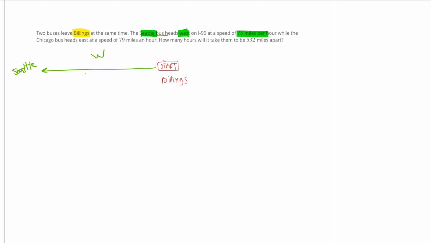and the rate is 73. Since I have miles per hour, that gives me my rate. Now, for my next equation, it says that you have your Chicago bus, and it's going at a rate of 79 miles per hour.